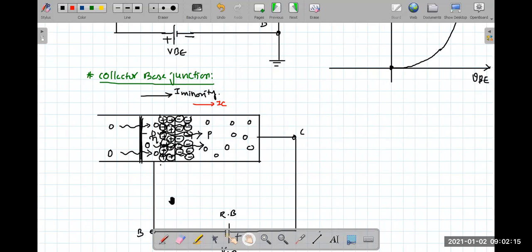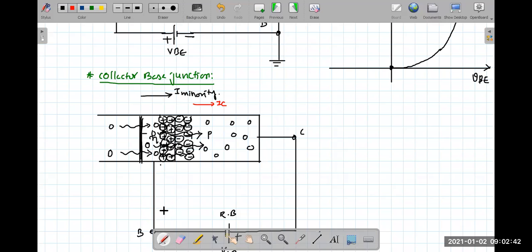Now, in this case, if you forward bias it, then what will happen? If you forward bias this, then the holes will diffuse towards the N region, and all the holes which diffuse towards the N region will be reaching the base.